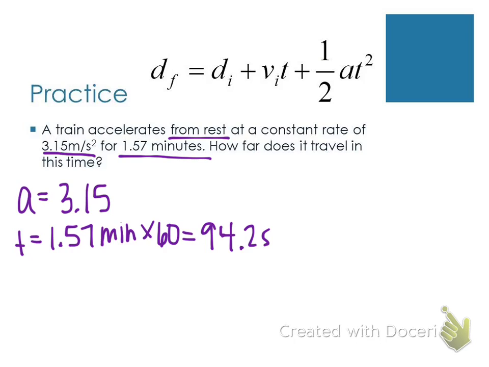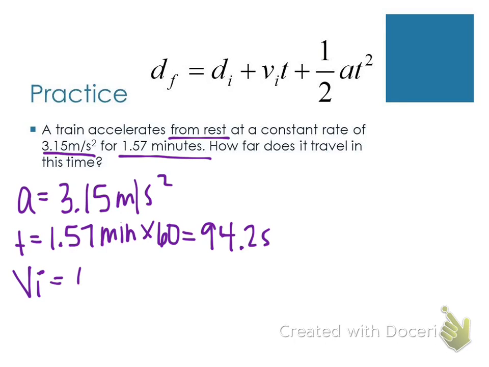All of our units throughout our problem have to match. That's why we need to take time at the beginning to make sure those match. This is meters per second squared. Do we have any other variables that we can pick out? Initial velocity would be 0.